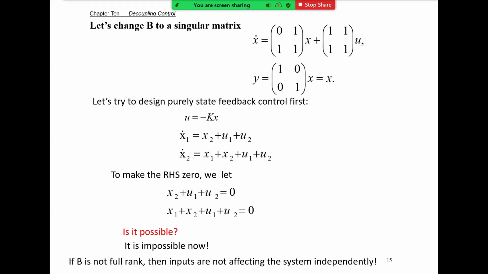Roughly speaking, you can imagine if you have two inputs and two outputs, and the inputs are not affecting the two outputs independently, you cannot design a system such that one input affects one output, because those two inputs are coupled together.